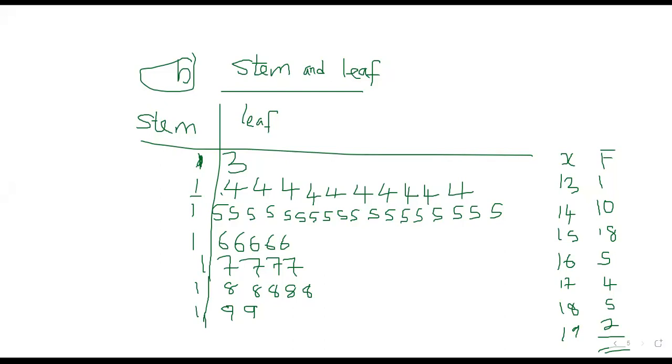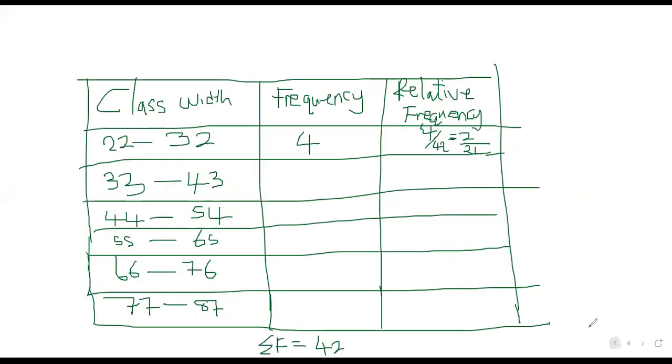The total should give us 42 just on counting. That needs to be considered just on counting and rounding those figures up. So it's just a matter of counting properly.